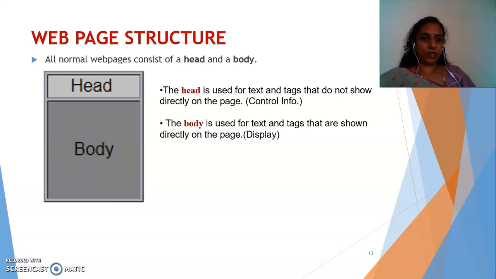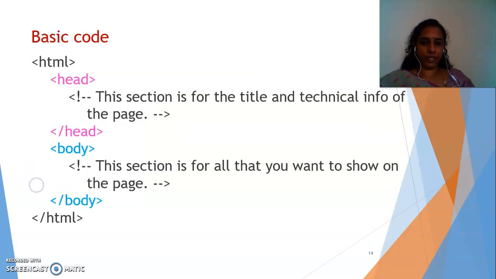We have two sections in a program. The first part of the program is the head section and the second part is the body tag. Okay, so in this head section we have the head opening and head closing tags, and just observe the basic syntax. It will show you very clearly how we navigate within the web page. Okay, so just see, there is a head tag, opening and closing tag, and there is one body tag, opening and closing tag.